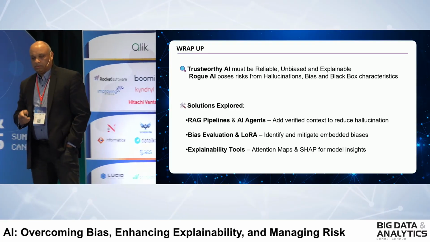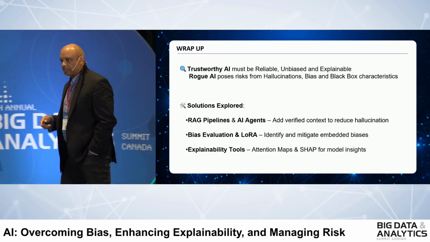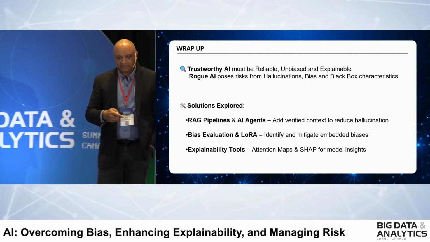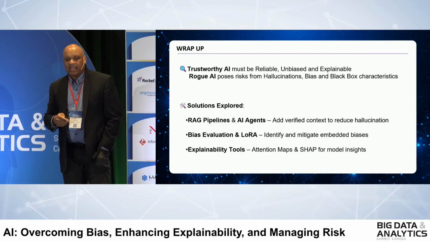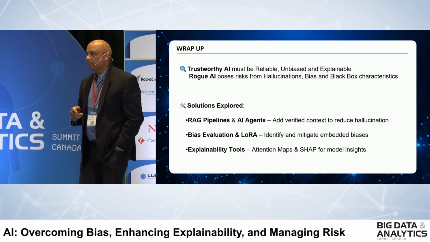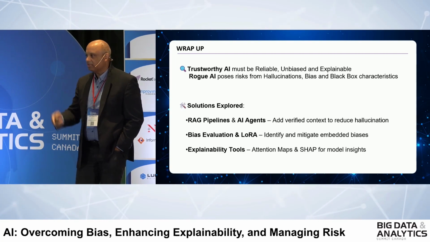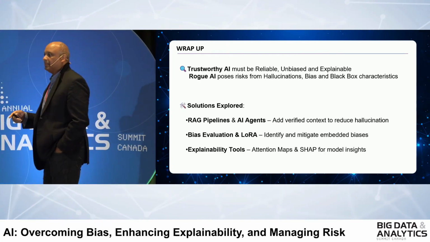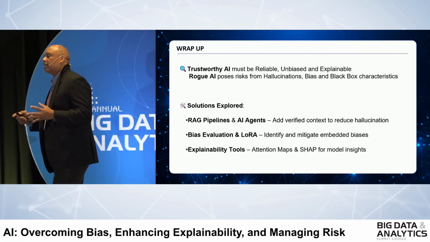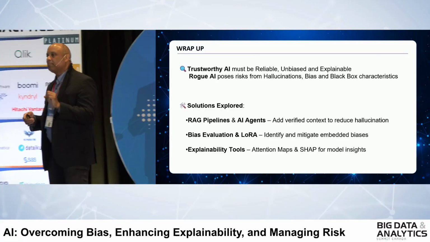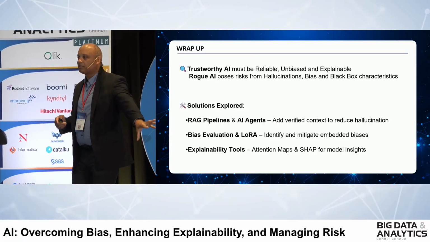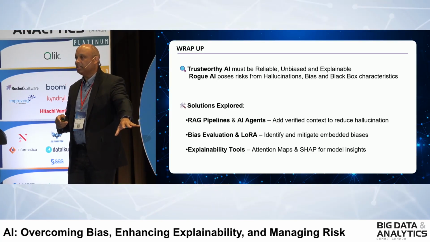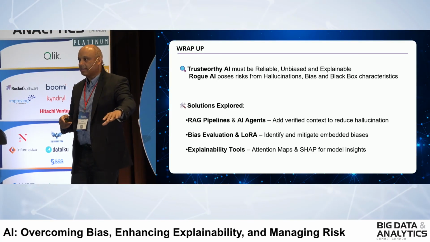So I want to leave some time for questions and discussion because this is an important topic. So I try to go through not too fast, hopefully, but fast enough. So trustworthy AI must be reliable, it must be unbiased, and it must be explainable. Now, the techniques that I talked about are not perfect by any means, but they are a start. And there's a lot of research that's actually happening, especially with the Gen AI transformer models around these specific things, reliability and bias and explainability.